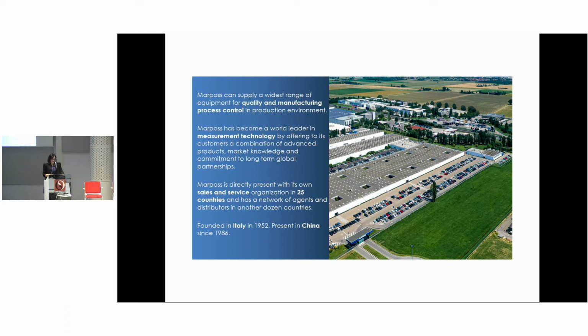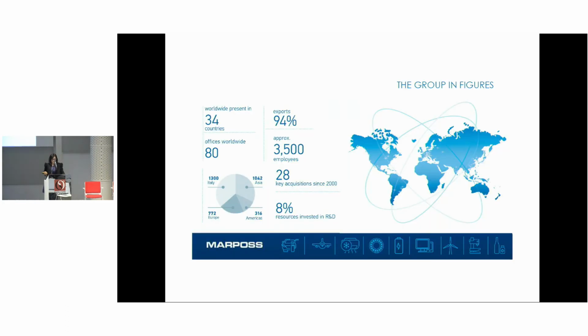We have more than 80 offices in all the world, and we are present in more than 34 countries. Over this, you can find in our group 3,500 employees who work every day in dedicated solutions and dedicated products in every kind of metrology control.